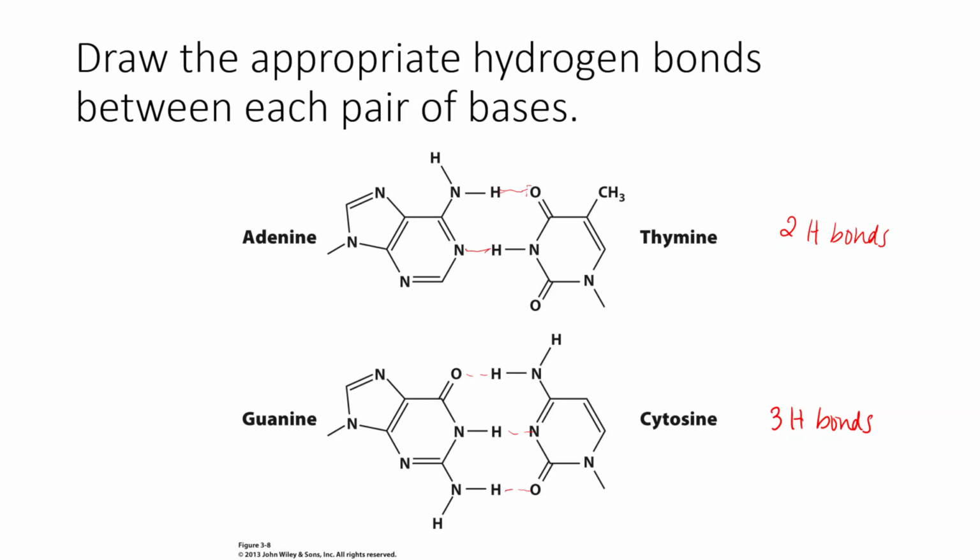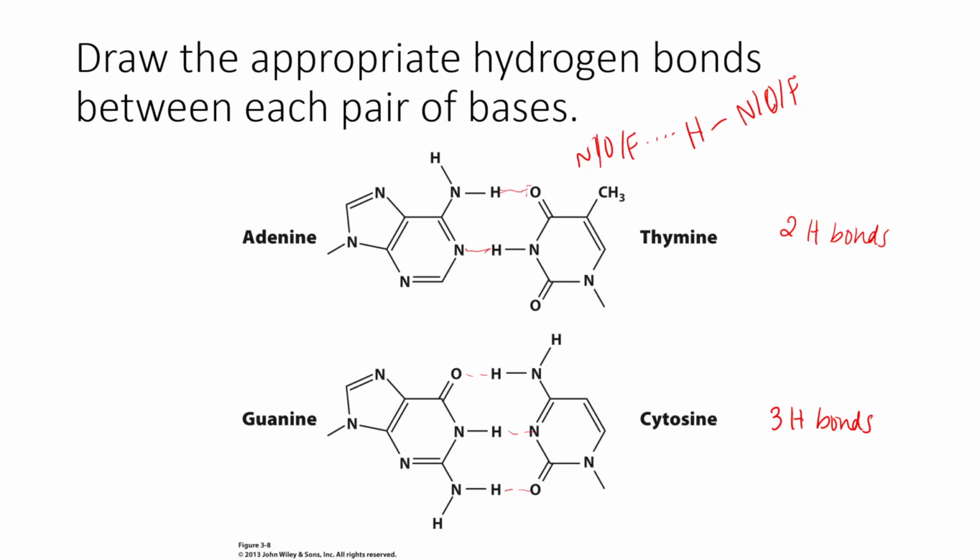So what are those conditions and are they being met here? Can anybody tell me one requirement to make a hydrogen bond? Yeah, exactly. So your hydrogen has to be attached to a nitrogen, oxygen, or fluorine, and the hydrogen bond has to be made to a nitrogen, oxygen, or fluorine.